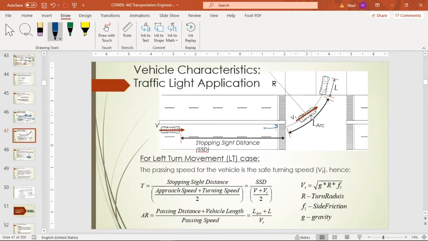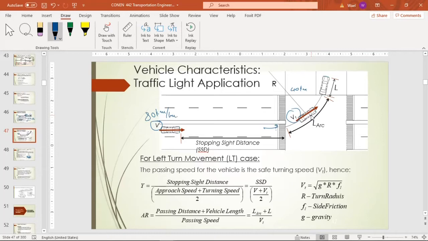Usually, the turning speed is smaller than the approach speed, because vehicles are turning on a radius and not going through. If the approach speed was maybe 80 kilometers per hour, the turning speed might be 40 kilometers per hour, depending on the geometry of the intersection.